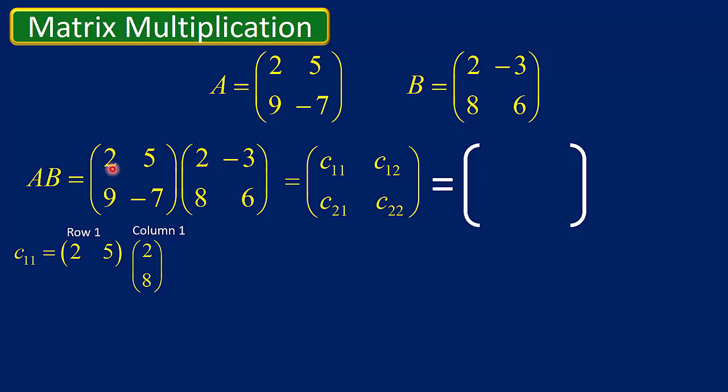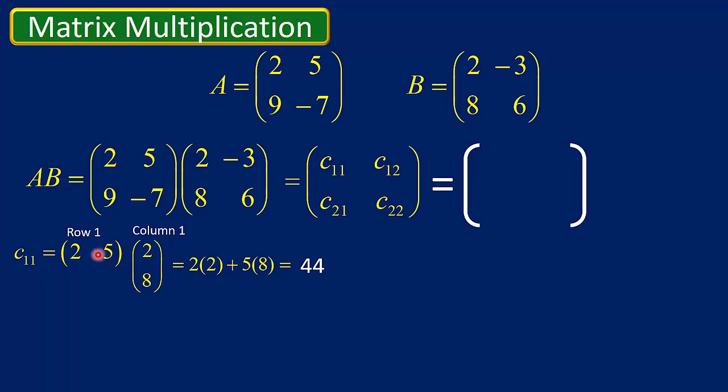But first, I take row 1 times column 1. Now, you might say, well, how do you multiply those? Well, you multiply corresponding parts. 2 times 2 plus 5 times 8. See, the first component times the first component, plus the second component times the second component. In this case, you get 44.